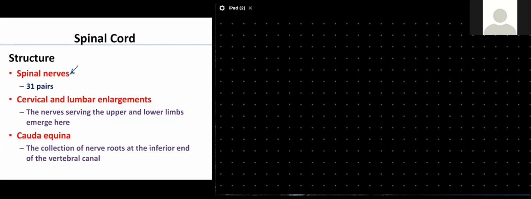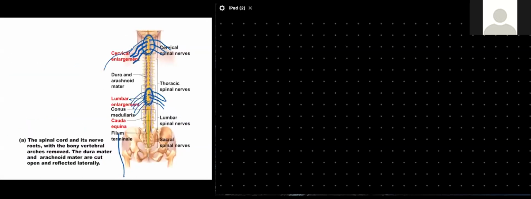Towards the end of the spinal cord, you've got something that looks like a tail of a horse, which are nerve roots located at the inferior end of the vertebral canal. So you see here, this is the tail of the horse that we're talking about.